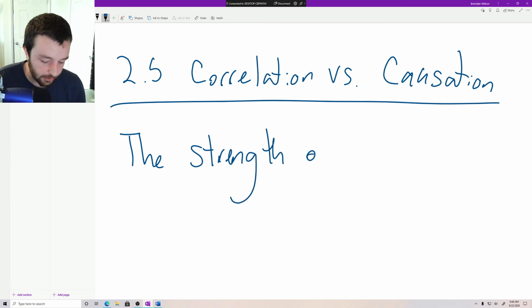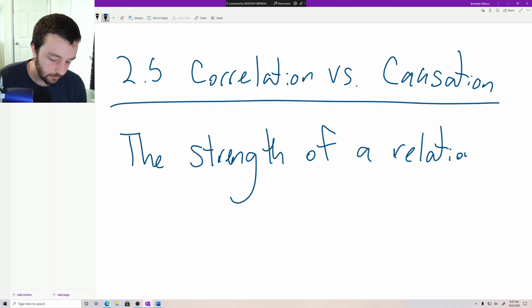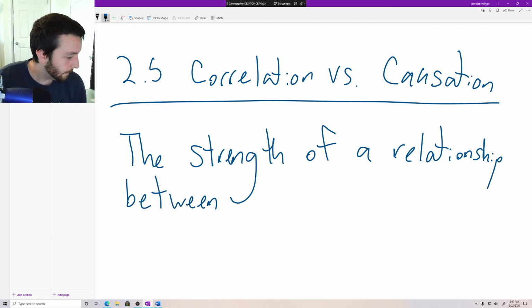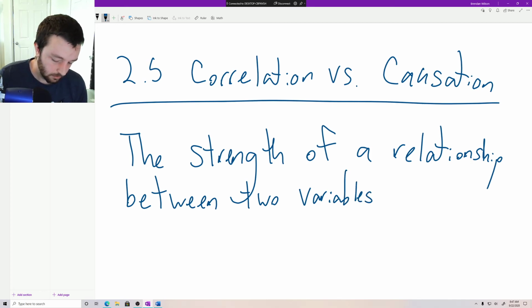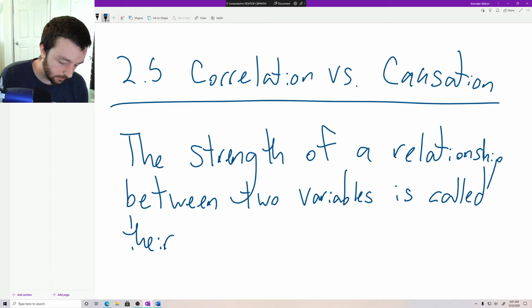So the strength of a relationship between two variables is called their correlation.